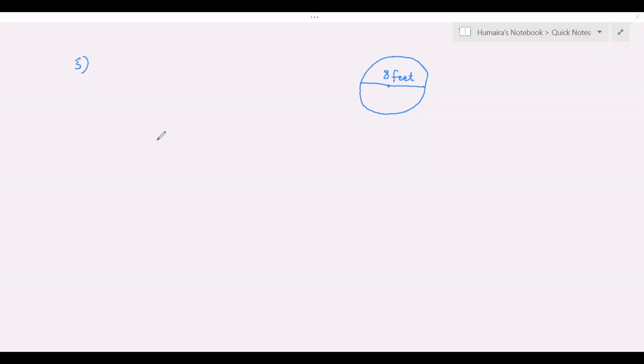So we know that the circumference of a circle is equal to 2 pi r, and the diameter is already given to us, that is 8 feet. Then what do we have to look for? Radius? Read the question again.